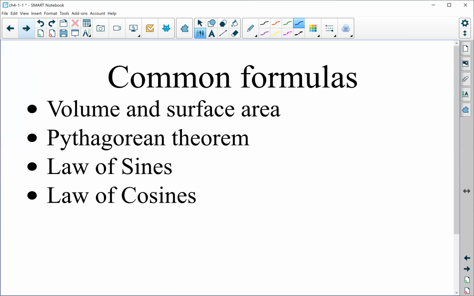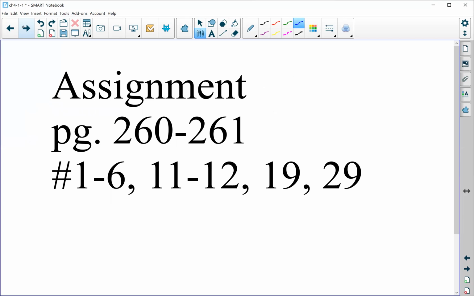If on the AP exam you are asked to use one of these formulas, normally they would give you the formula, especially volume and surface area problems. Assignment on page 260 and 261, 1 through 6, 11, 12, 19, and 29 will give you a good feel for what related rates problems look like.